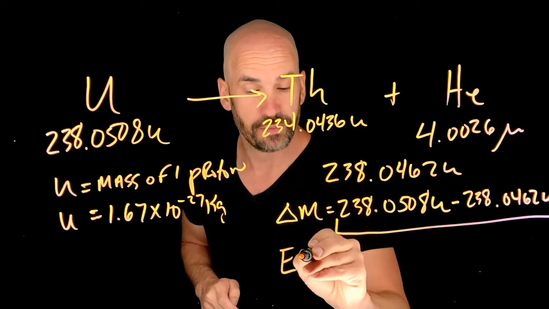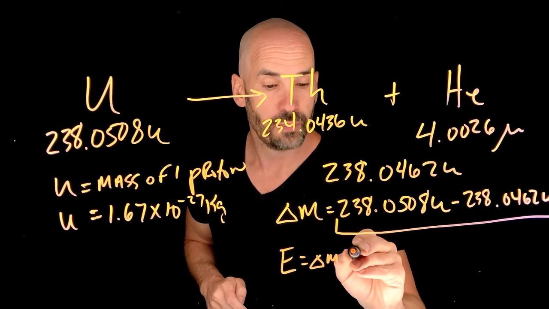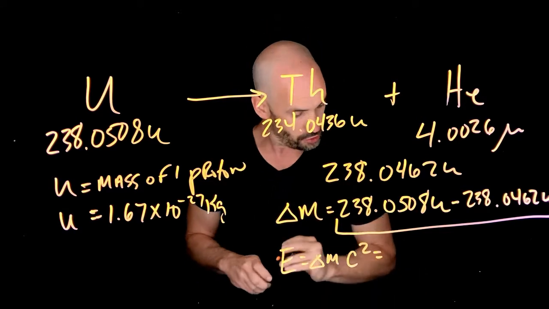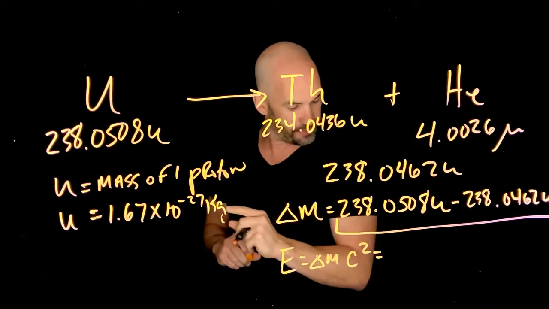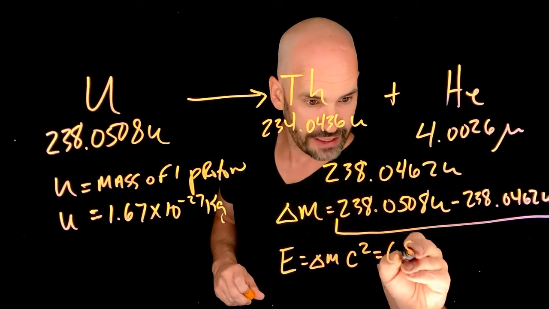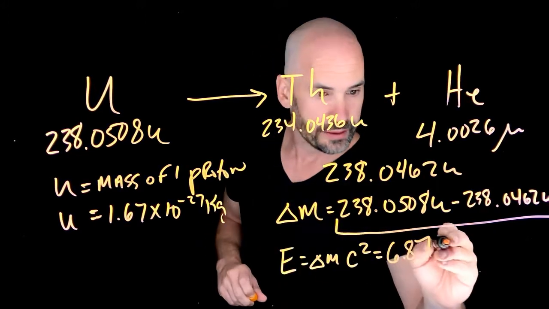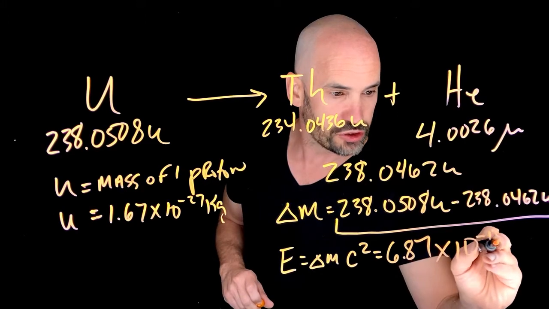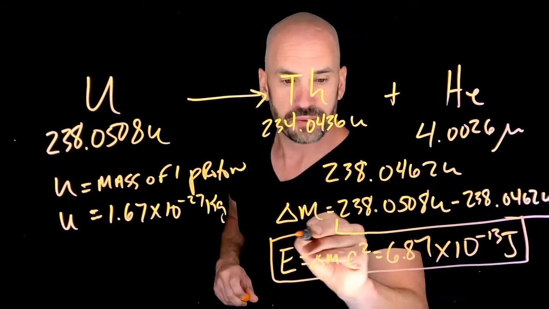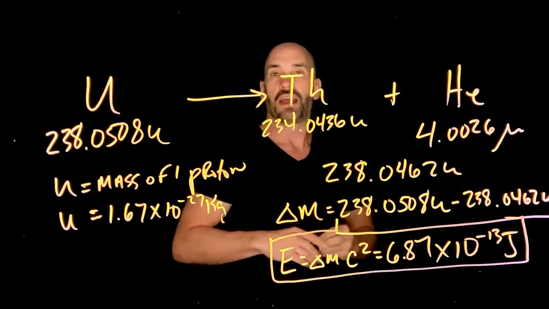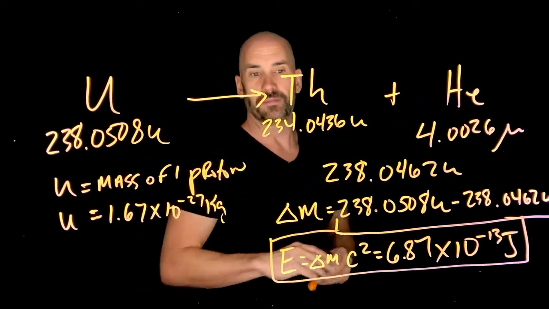And if you take that then and multiply by c squared, you should get, and tell me if I'm wrong, but you should get a value of 6.87 times 10 to the minus 13 joules, and that is approximately the energy released as a result of this radioactive decay.